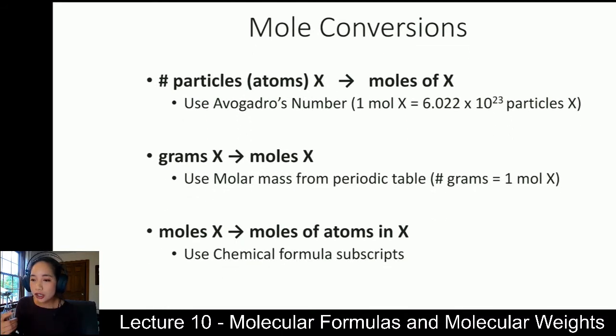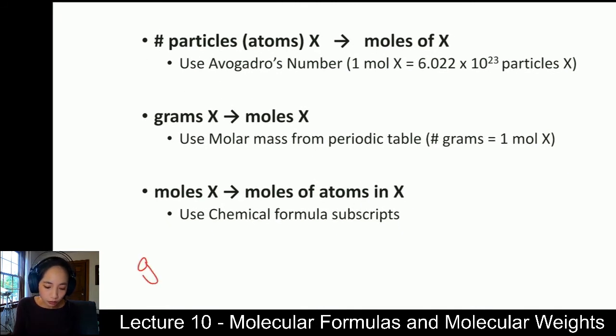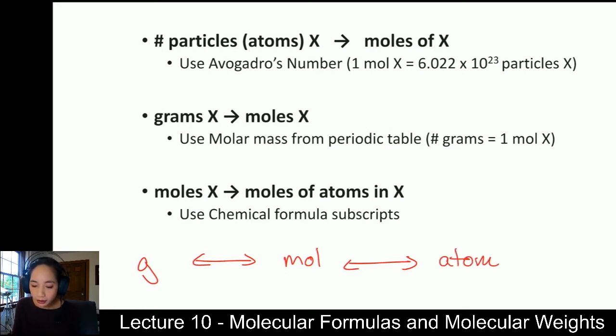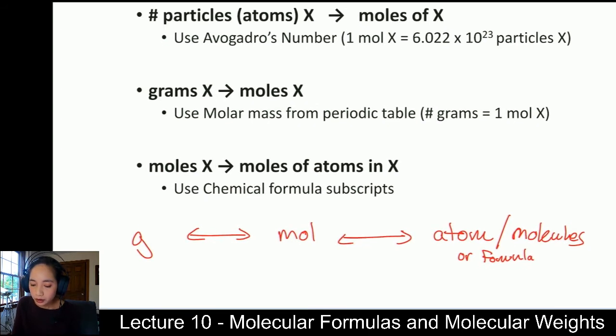So I'll just recap the different mole conversions, how to get from grams to moles to molecules, and how those all relate. So, remember, on an exam, maybe you want to write this at the top. To go from grams of a substance, you need to go through moles, and then that can go to atoms or molecules or formula units of a certain chemical formula.